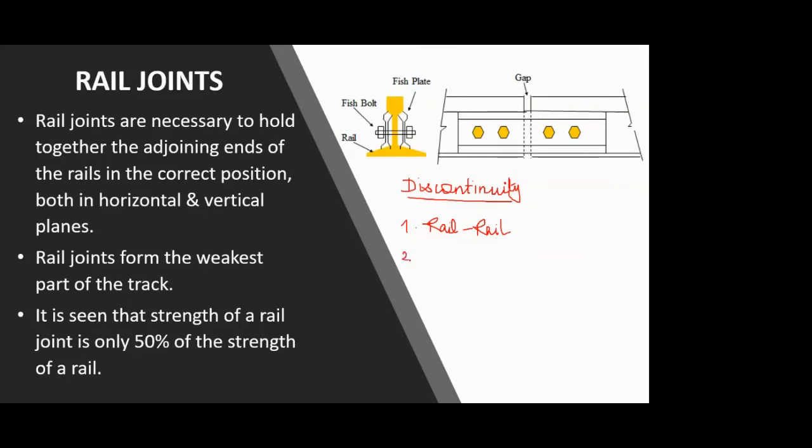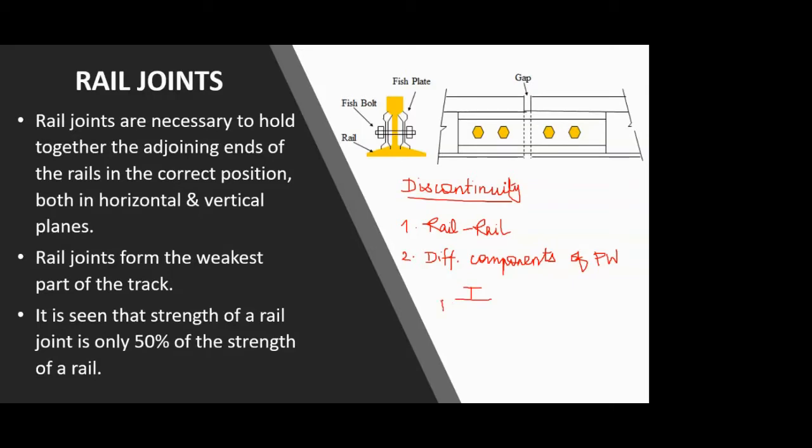The second discontinuity is between the different components of a permanent way. What I mean by different components of permanent way is what we have seen in a permanent way. We have a rail, just for representative purpose.